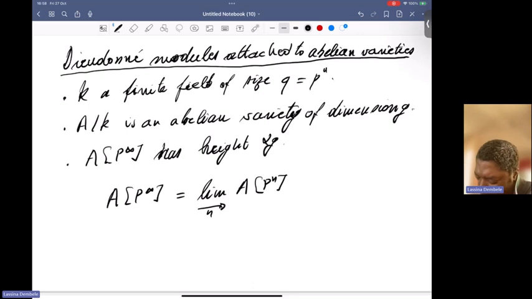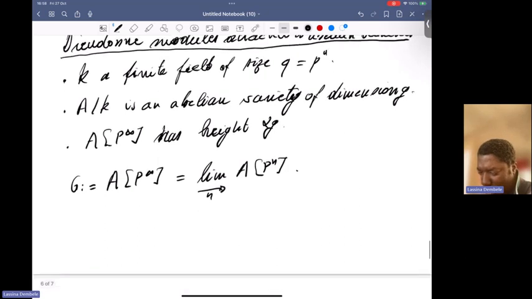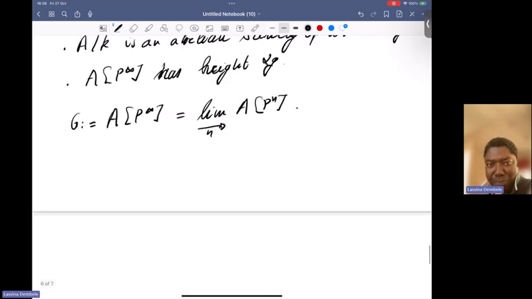I guess you can think of this as the big union of all the p to the n torsion points. We're going to call this G, just to shorten the notation for this group.